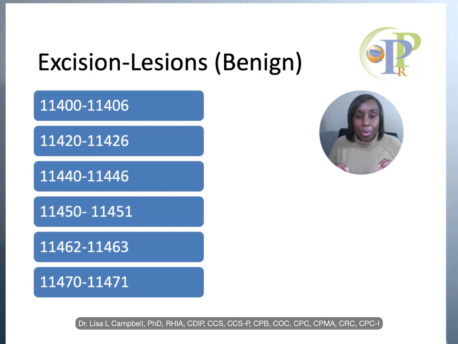Code selection is determined by the greatest clinical diameter of a lesion. So in the example of 1 centimeter by 2 centimeters, the greatest diameter of that lesion is 2. But code selection is determined by the greatest clinical diameter of the lesion plus the margins. In example B, you'll notice that the excised margin is 0.2 on the top and 0.2 on the bottom, and so you add them together.